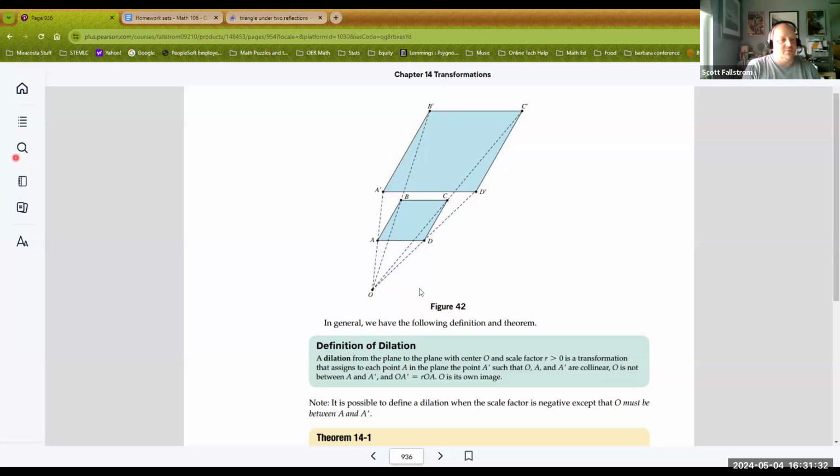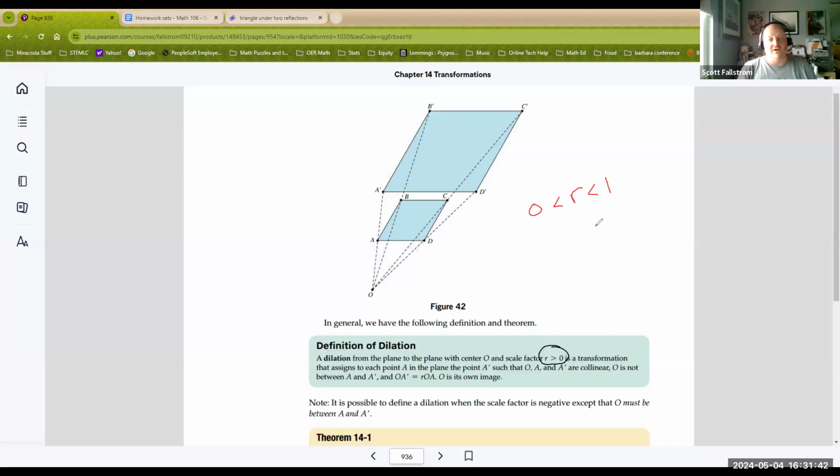Now, one piece to remember is that the scale factor has to be bigger than 0. Okay. So it's possible that your scale factor could be less than 1 and still bigger than 0. For example, your scale factor could be 0.5, which would correspond to a fraction of 1/2.